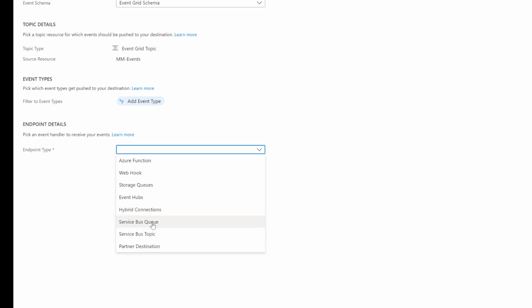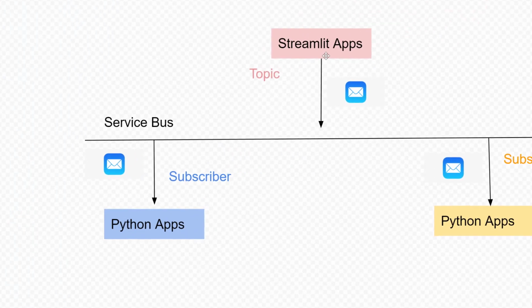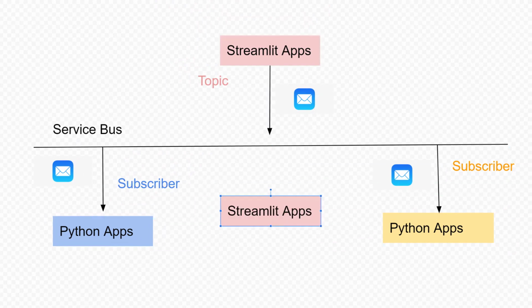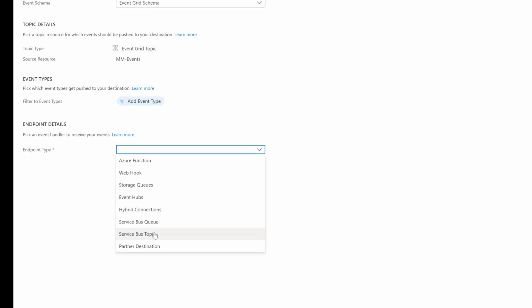So again, when we say Service Bus Queue and Topic, you can chain topics after topic. The chaining means a scenario where we have this topic and then it sends to another topic. That's where we will use this Service Bus Topic.